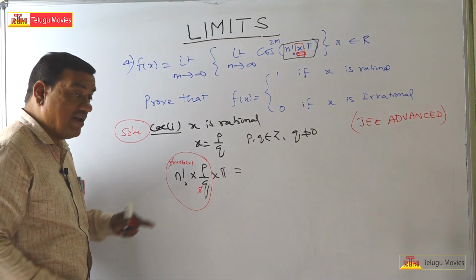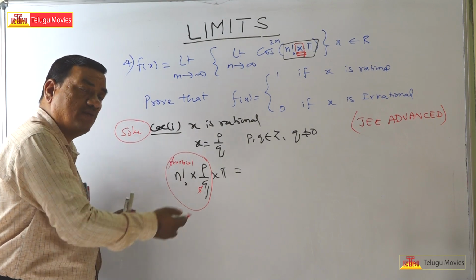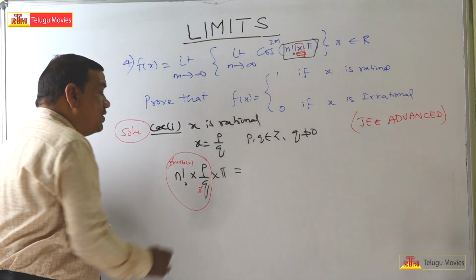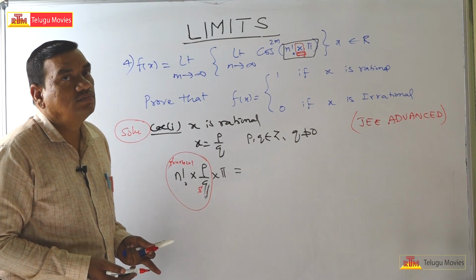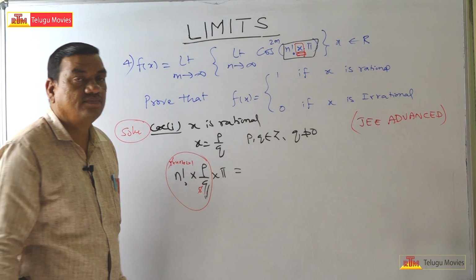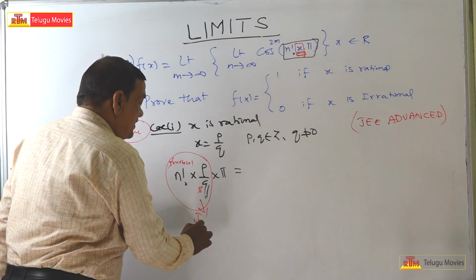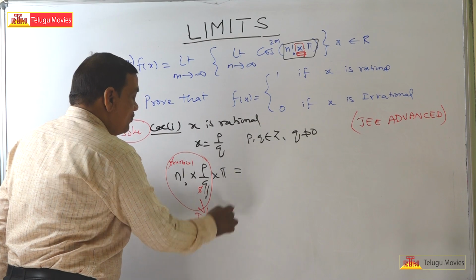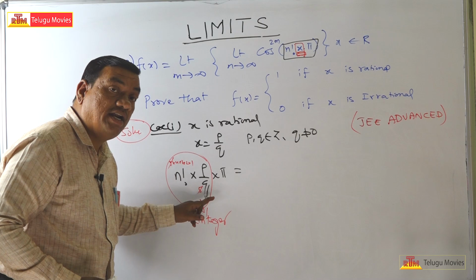If it is 10 factorial, 10 into 9 into 8 and so on down to 1, we can choose any one value from 1, 2, 3, 4 up to 10 and cancel. Then this will become an integer. We can make it an integer. We can cancel n factorial and q.